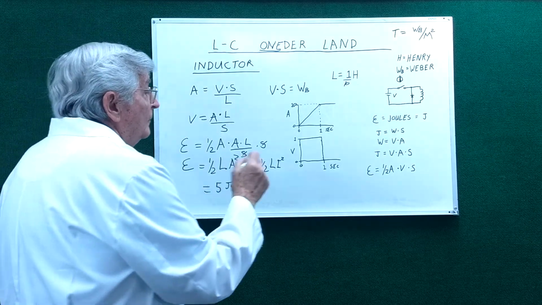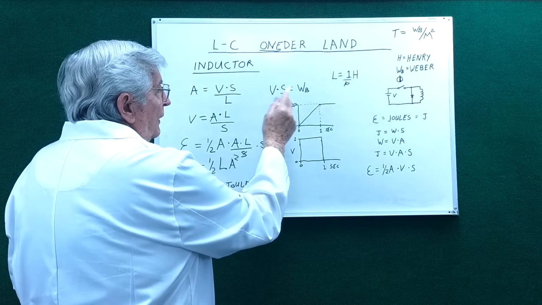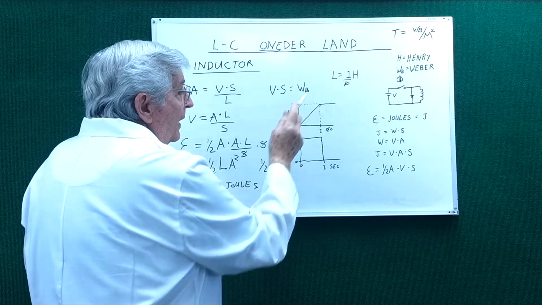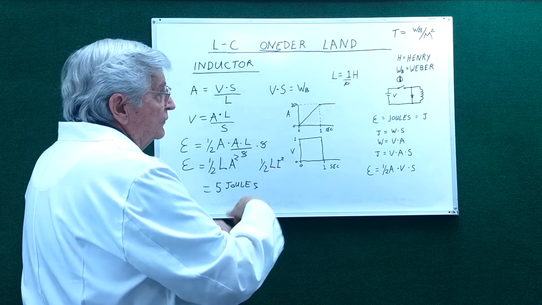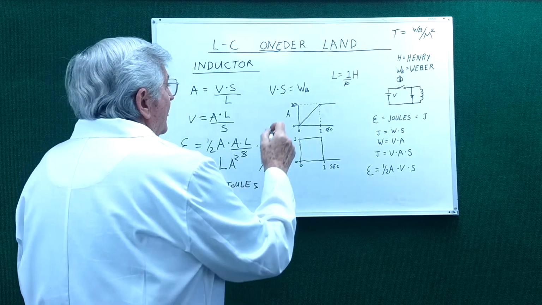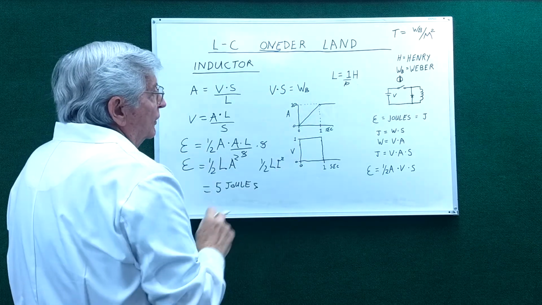Okay, so using the same volt seconds, which will end up giving us the same amount of flux, not flux density, just total flux. The Weber of flux is a volt for a second.